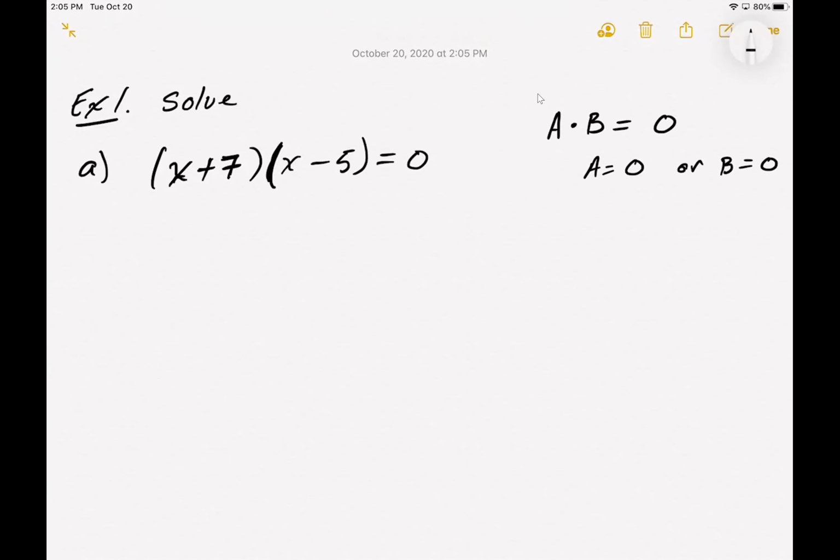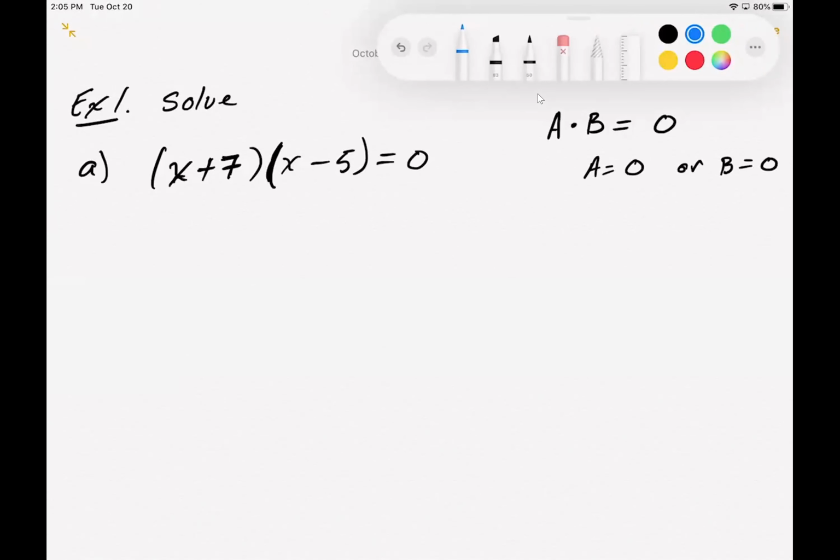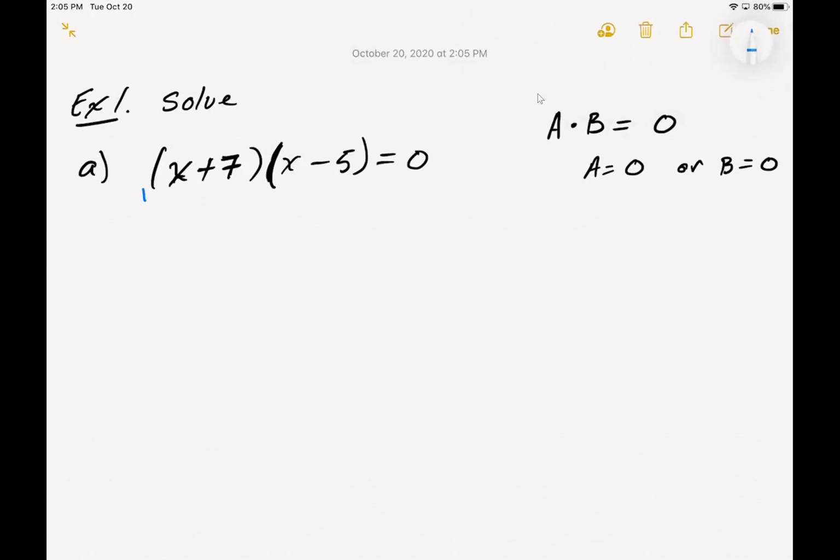You say, well, there's nothing similar to this here. Well, think about this, ladies and gentlemen. We treat the first parenthesis like your a term, and it is multiplied by the second parenthesis, which is like your b term.